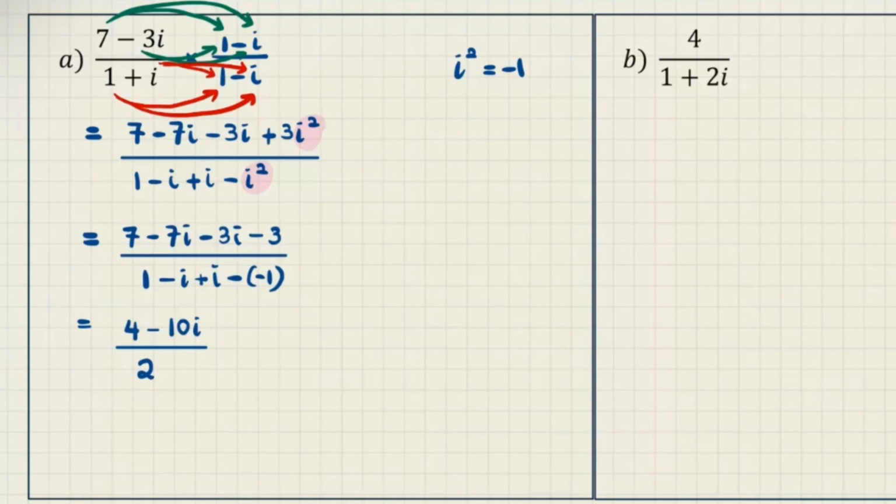And negative I plus I, dia akan tinggal kosong. Okay, so dapatlah 2 sahaja. Okay, so saya letak kat tengah-tengah lah. And if we simplify this fraction, we now have 2. 4 divided by 2 is 2. Negative 10 divided by 2 is 5i. So this will be final answer.